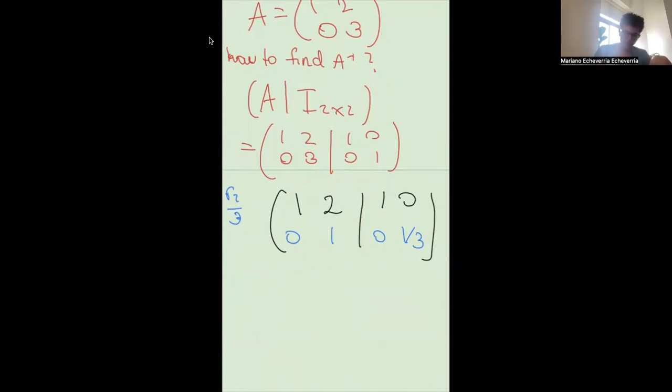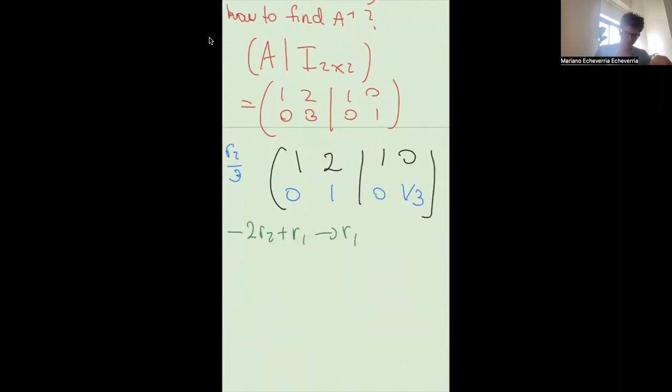And then how do you put a 0 here? You do minus 2 row 2 plus row 1 into row 1. Let me just put the end result. This one doesn't affect the 1 here, so you still get a 1. I'm choosing this so that it kills the 2, so you get a 0 here.